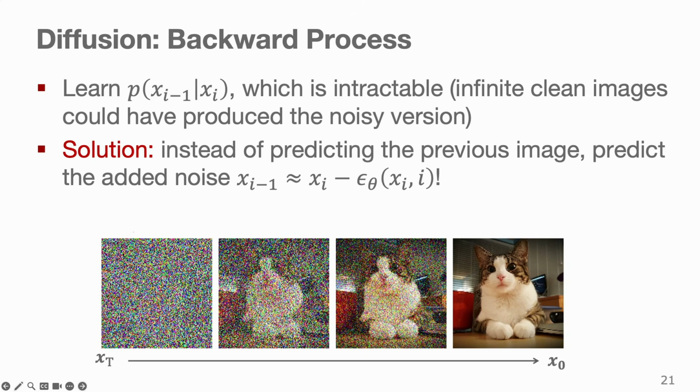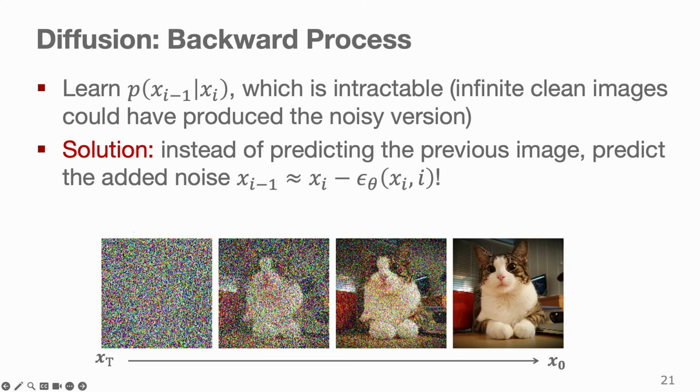Specifically, we train a neural network that takes the noisy image and the time step as input, and then predicts the noise that was added at that step. And as I said, why is this a better learning problem? Because noise is just a sample from a standard Gaussian, so it's a really clean, easy regression target.